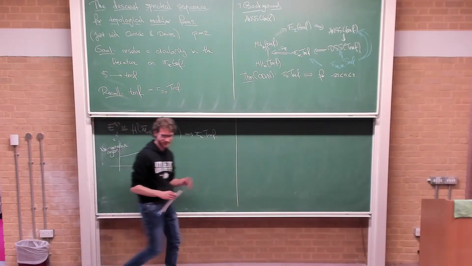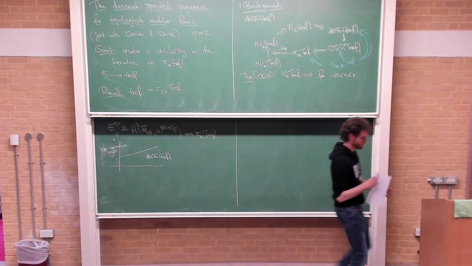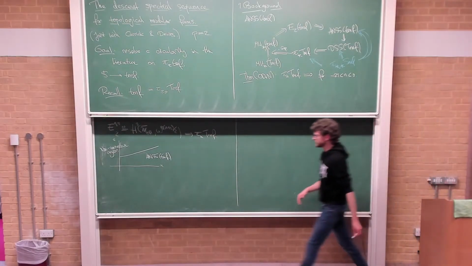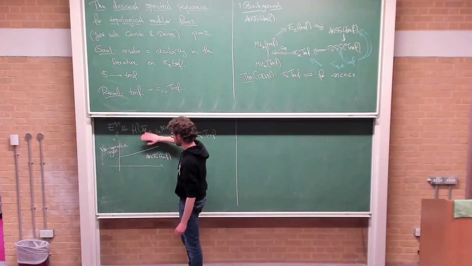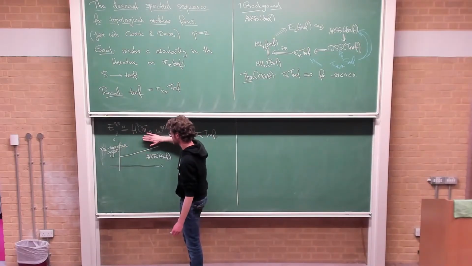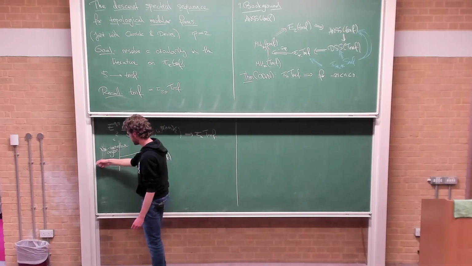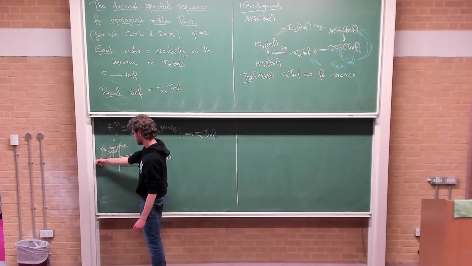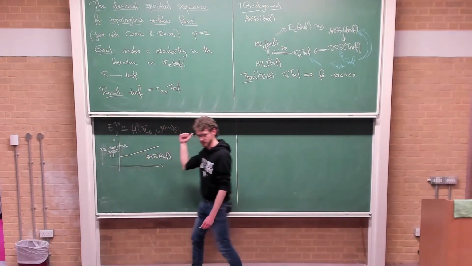Which might sound a bit silly because it goes into the positive stems, but the point is that all of the stuff that is in positive stems but in high filtration is going to die out from the differentials. So this doesn't really contribute. And in another sense, it comes from multiplying an element in negative stems with some high filtration element to move it to the right.